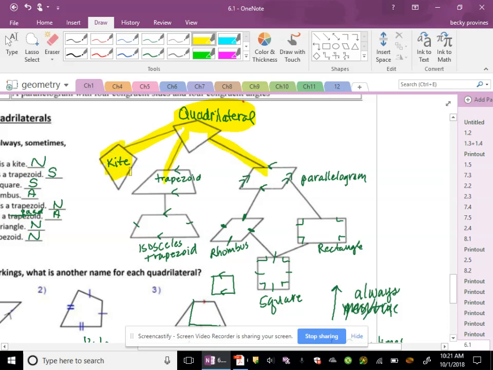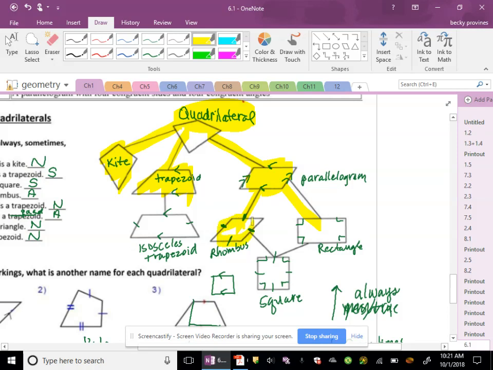We have the kite family, the trapezoid family, and the parallelogram family. Once you're in the parallelogram family, we have another branch. Either you're going to deal with all the angles being equal or all the sides being equal.